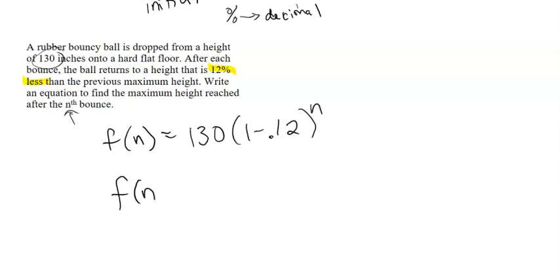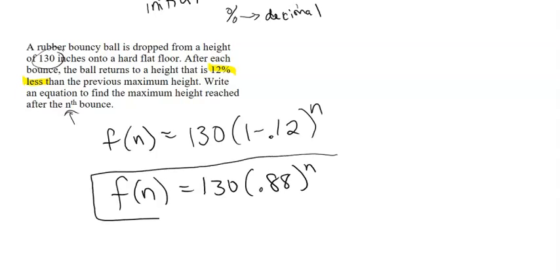And then we're going to go ahead and simplify what's in those parentheses. 1 minus 12 hundredths would be 88 hundredths. And this would be our function. And then if we wanted to know how high it went after 1 bounce or 2 bounces or 12 bounces, we could plug that number in and get an idea of what we were working with.